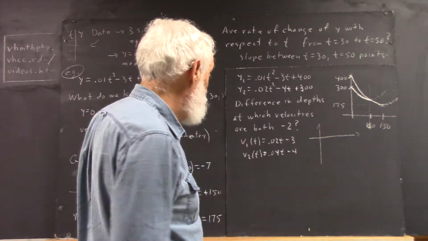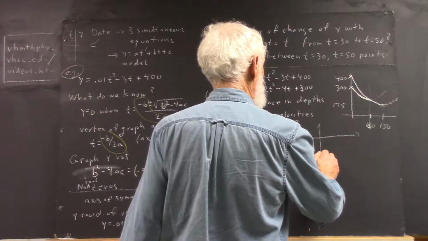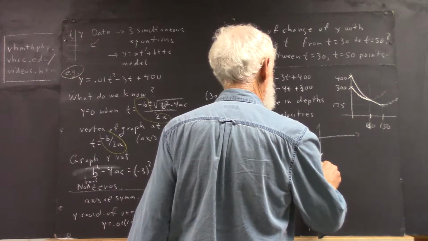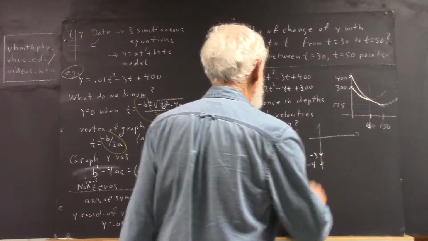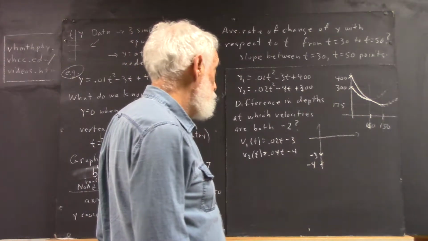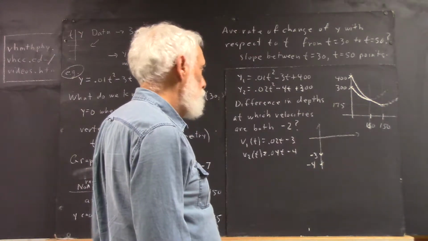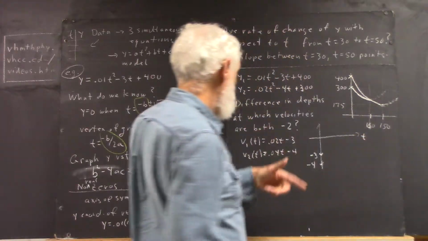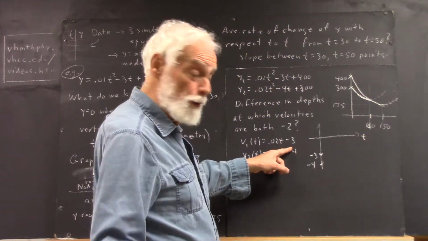V1 is going to have a y-intercept of -3. V2 is going to have a y-intercept of -4. And the t-intercept is going to occur when y is 0. So we set this equal to 0 and solve.